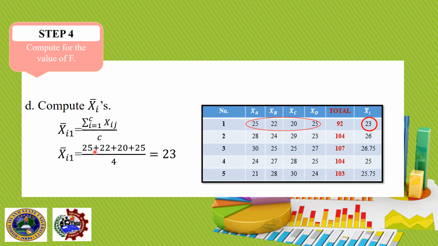So we have 25 plus 22 plus 20 plus 25 and divide by the value of c, which is equal to 4. So we will get this 23. And the same, to get 26, we will simply add 28, 24, 29, and 23 and divide by 4. So we will have 26 up to 25.75.